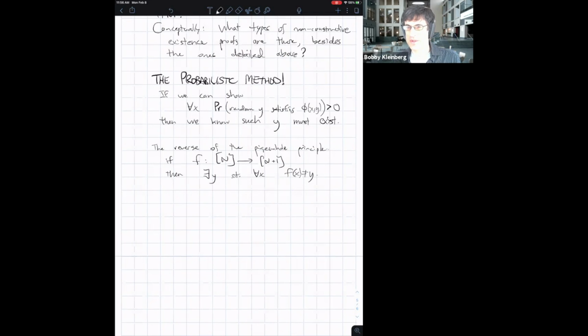We can count the number of functions on n inputs. And the second number is much larger than the first. So let's see how to interpret that as an invocation of the reverse Pigeonhole principle.